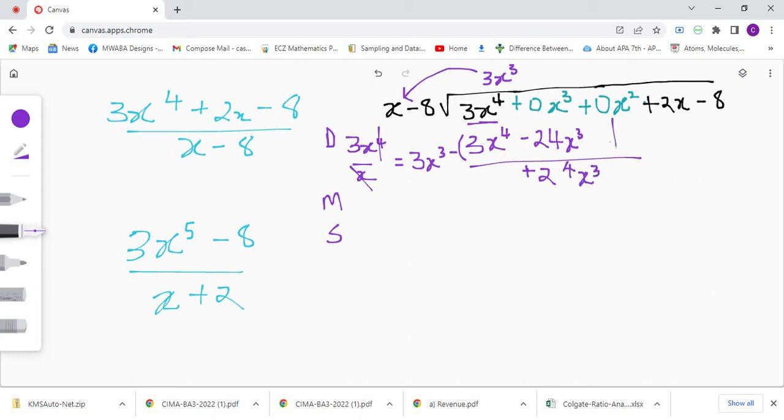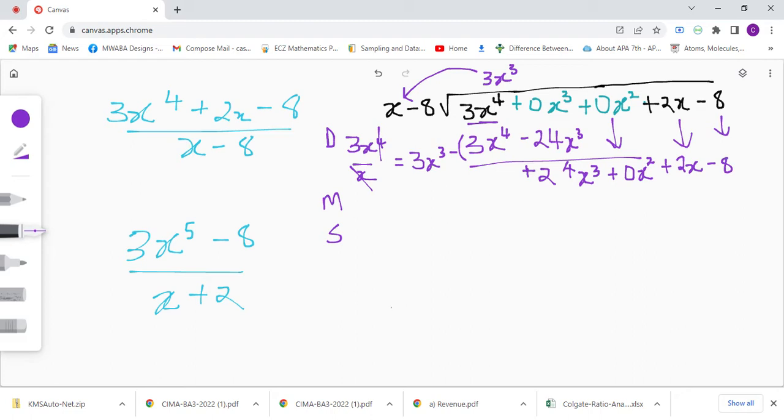Now we can bring down our 0x squared, plus our 2x, and bring down our negative 8.